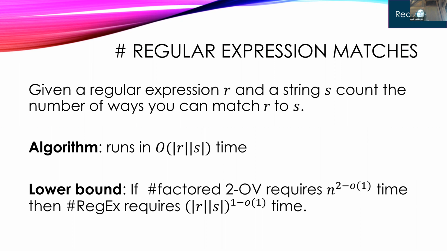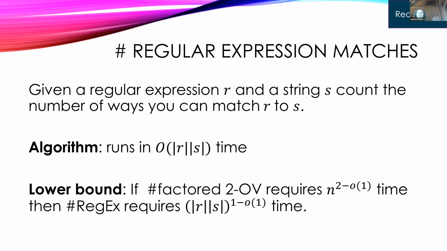If you're given some regular expression R and a string S, and you want to count the number of ways to match R to S, there's an algorithm that runs in size of R times size of S time to do this counting. And we have a lower bound that comes from this factored 2OV hypothesis and says that that's tight. And factored 2OV is hard from both 2OV and from SETH.